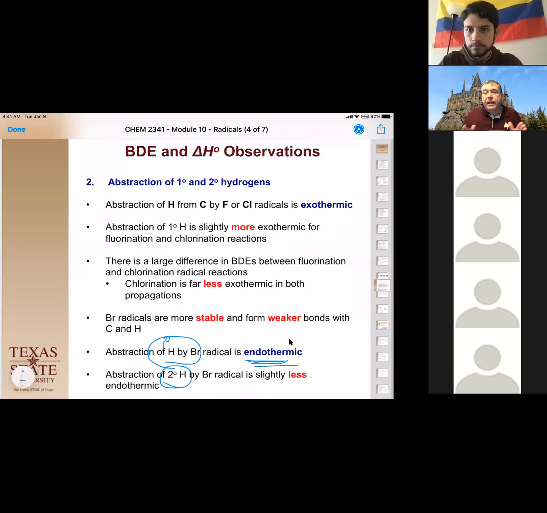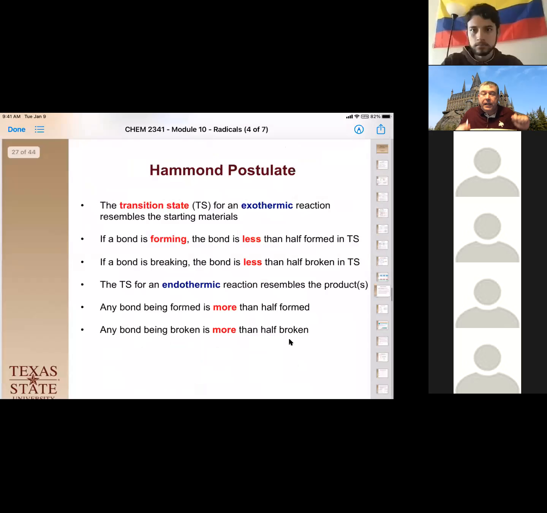Okay, so now that's just comparing the primary hydrogens versus the secondary hydrogen. Now, do you remember the Hammond postulate, the one that said if the transition state is more like the starting materials, then the reaction is exothermic. If the transition state is more like the products, that means the reaction is endothermic.